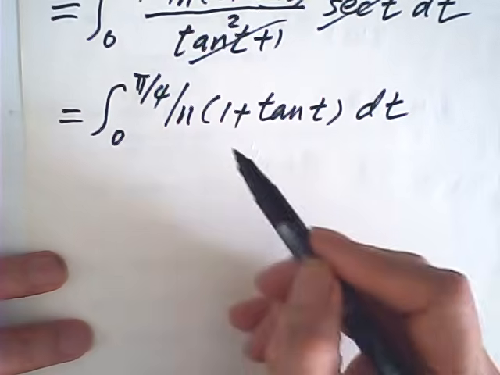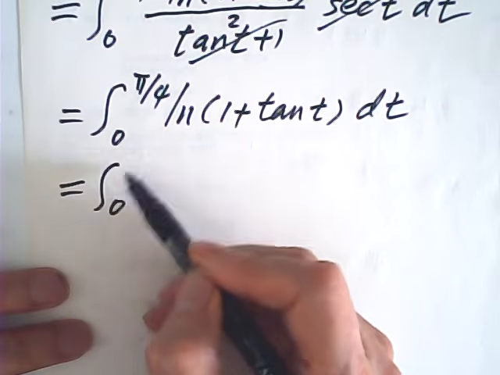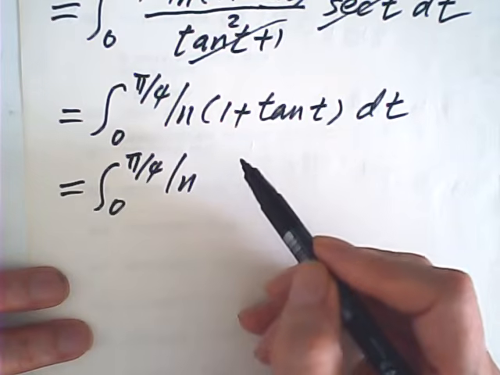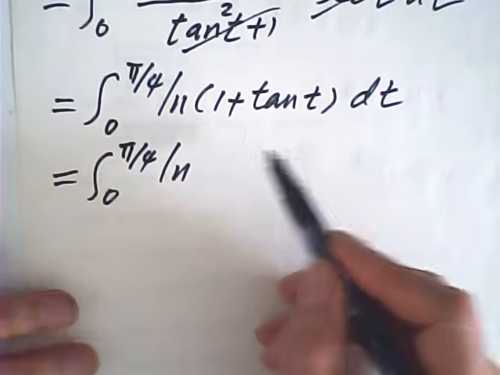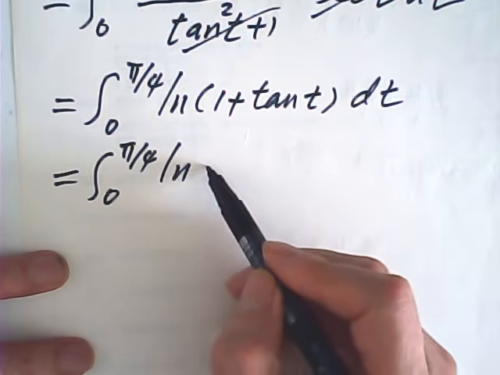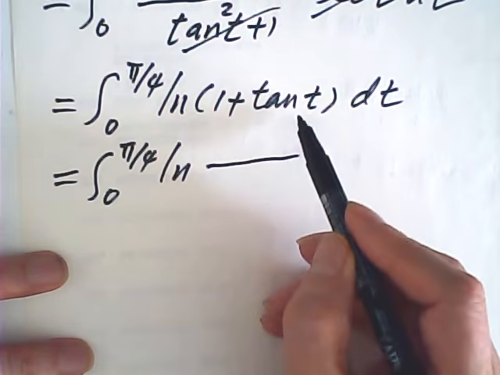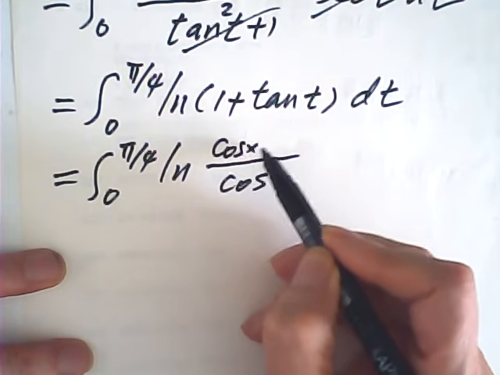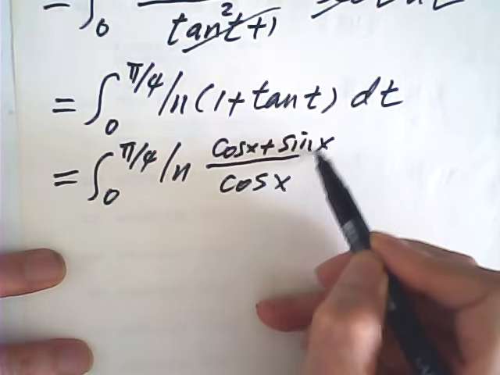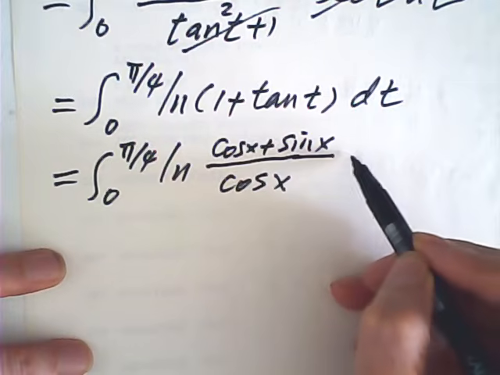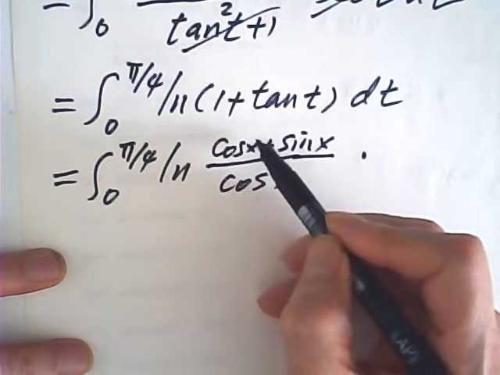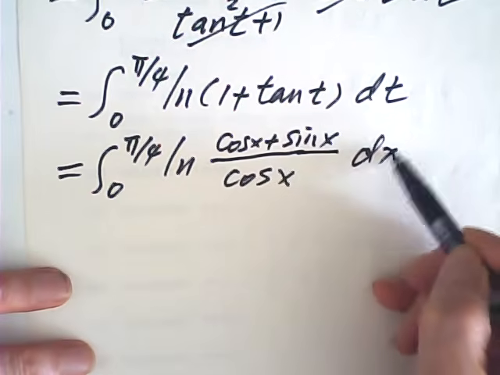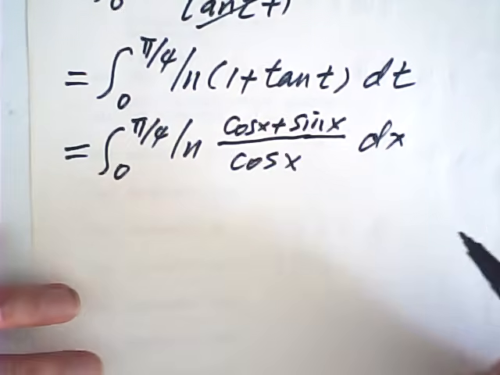Now here I'm using sine over cosine, so this is cosine plus sine over cosine. Let me change t to x; these are just dummy variables.